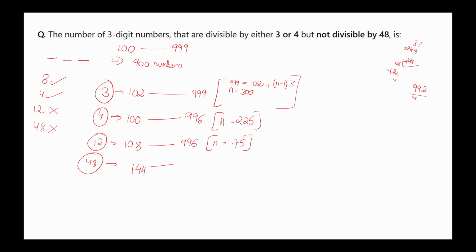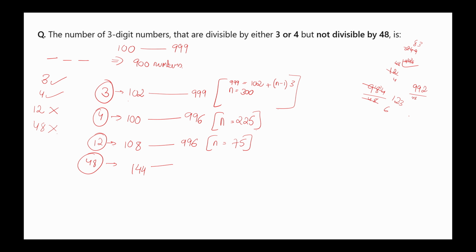Would 992 be divisible by 48? No. So 996 minus 12 would give us 984. Let's see if this is divisible by 48 or not. 8 6s are 48, 8 1s are 8, 8 2s are 16. So again, this is not divisible. Let us subtract 12 once again.